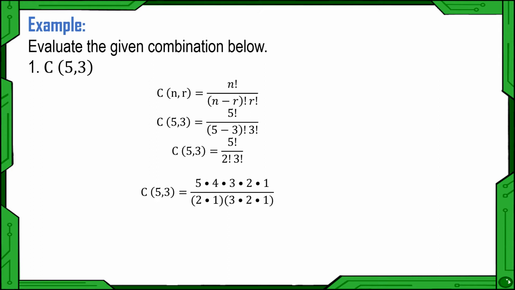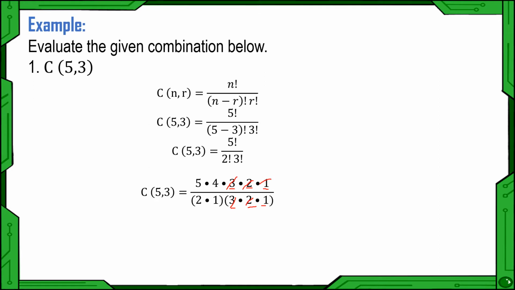And you notice here that the numbers 3, 2, 1 are the same as in our denominator. So we can now cancel. Cancel 3 in the numerator, cancel 3 in the denominator. Cancel 2 in the numerator, cancel 2 in the denominator.